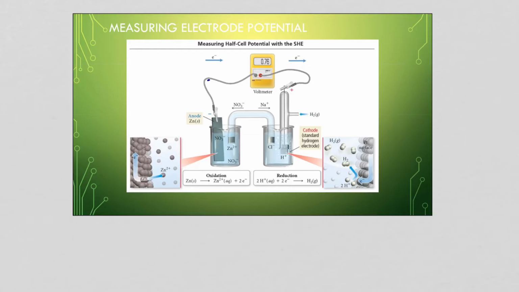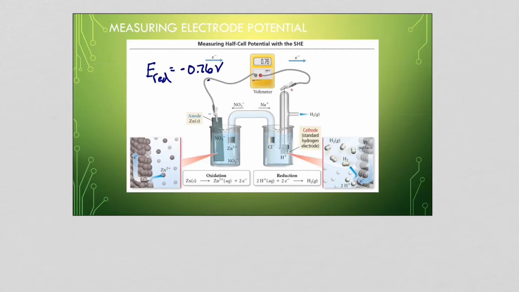And what's going to be the magnitude of that? Well, what is the potential in this cell? It's 0.76 volts. So that means the reduction potential of the zinc is going to be equal to negative 0.76 volts, right?